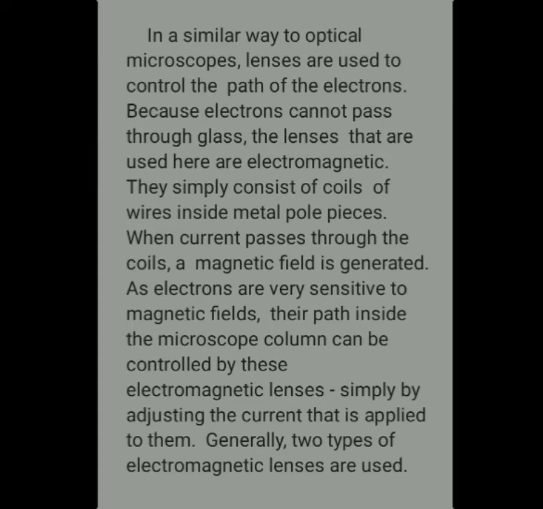When current passes through the coil, a magnetic field is generated, and electrons are very sensitive to magnetic fields. Their path inside the microscope column can be controlled by these electromagnetic lenses simply by adjusting the current that is applied to them. Generally, two types of electromagnetic lenses are used.